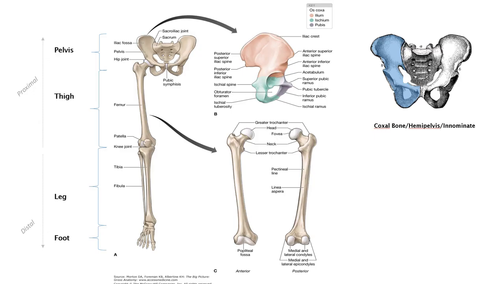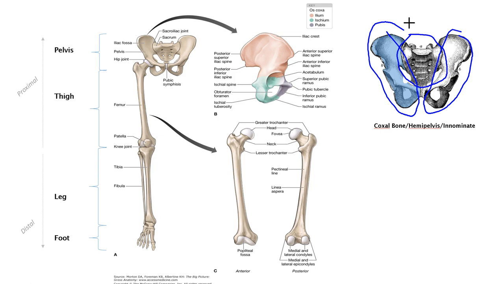Let's first discuss some basic nomenclature. The pelvis is comprised of 2 innominate bones, seen here, with the sacrum wedged in between them. The innominate bones can also be called the coxal bone or the hemipelvis. In this discussion, we'll be calling it the innominate, which means no name.